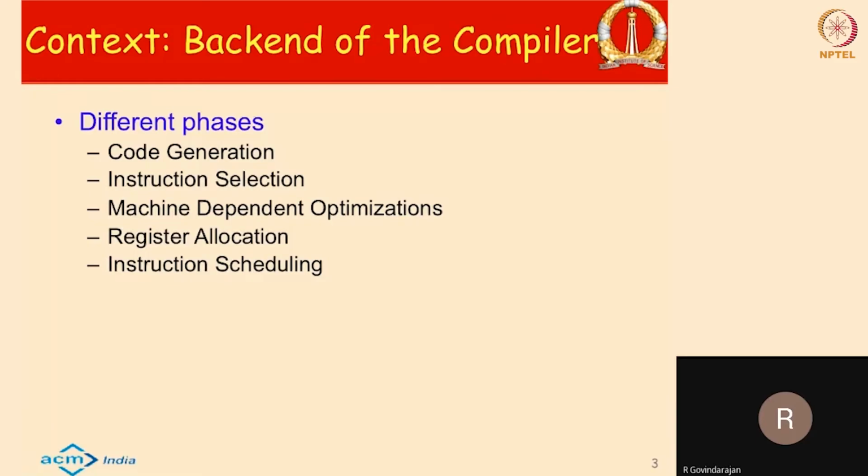What we are going to focus on today is that after the code is generated for a particular target machine, how do we really do register allocation? Because code generation might be assuming what are called logical registers or temporaries. With that, they would have actually generated the code.